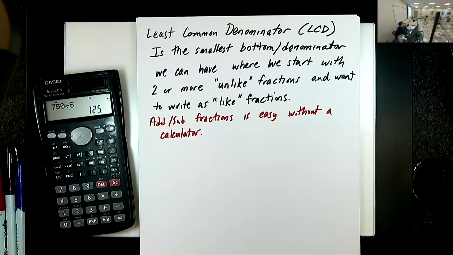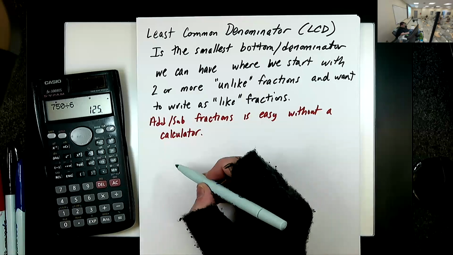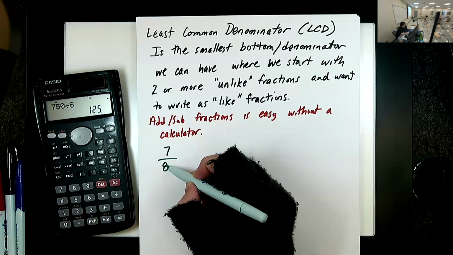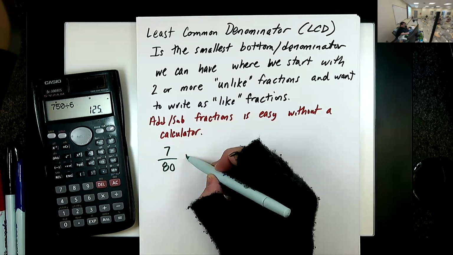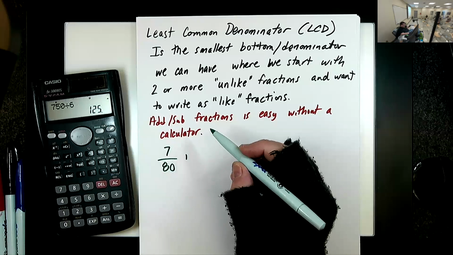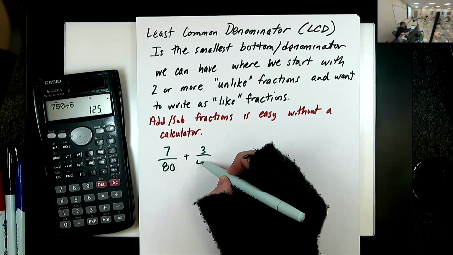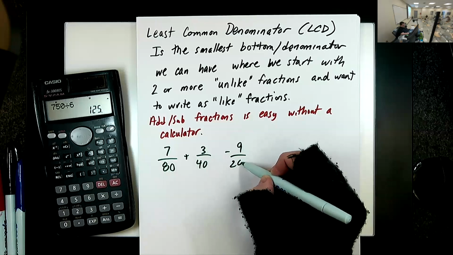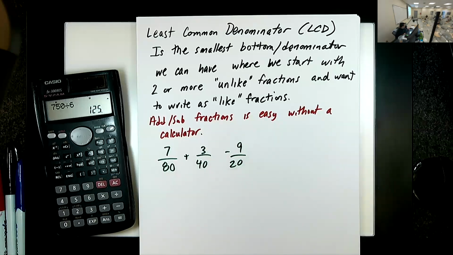I know for sure one of the questions on that initial quiz gives you 3 fractions that have different denominators, and there's addition and subtraction in there, and they say, what is the final answer? You might have something like 7 over 80 plus 3 over 40 minus 9 over 20. These are called unlike fractions.